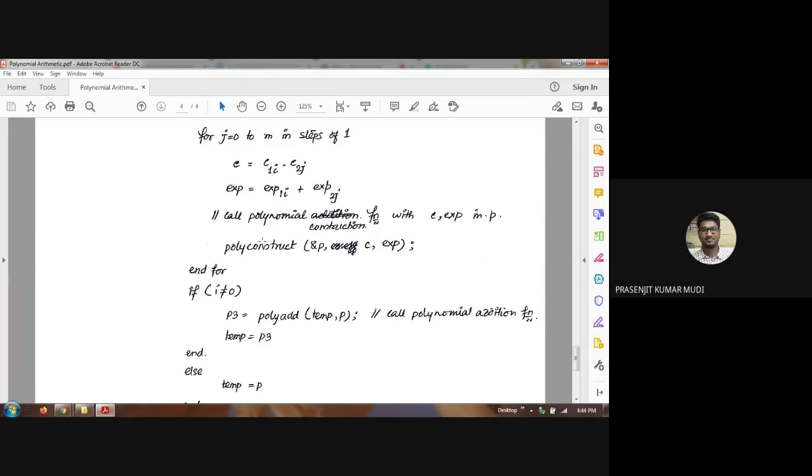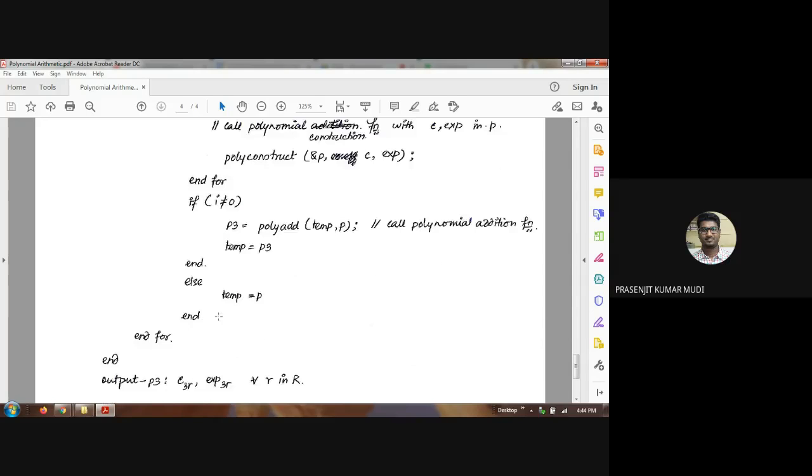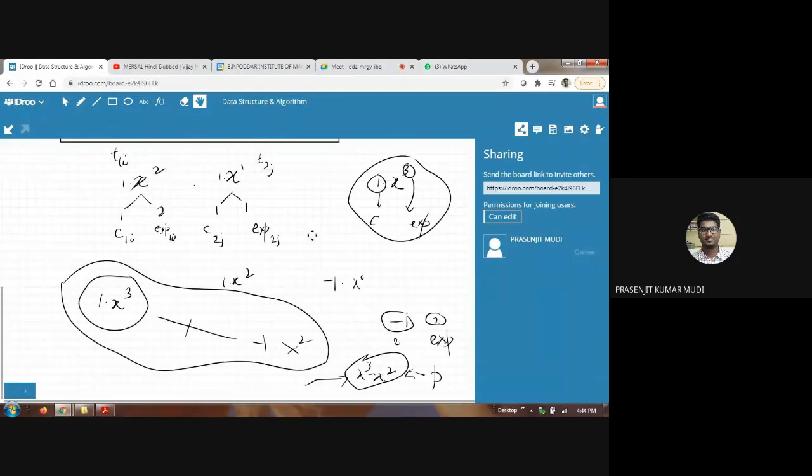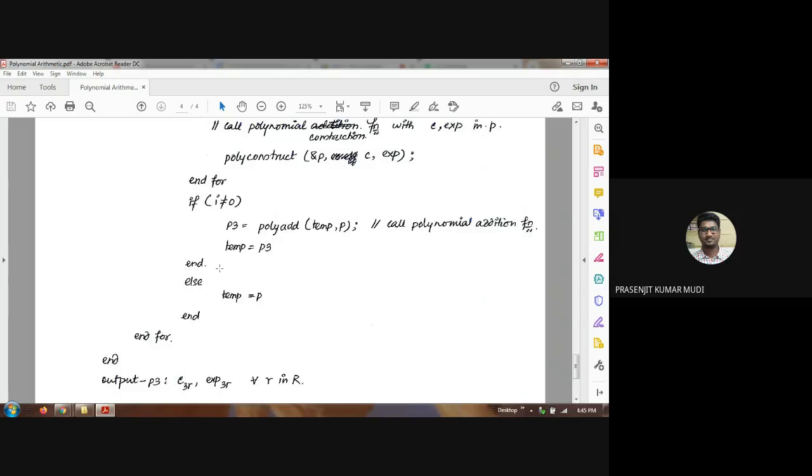So for the first time when i equal to 0, this if condition is false. i not equal to 0 is false, so this if condition is not executed. So what is happening? Else temp equal to p. Temp equal to p means x cube minus x square, that is the first temporary polynomial which has been computed. P is pointing towards this and temp is also pointing towards this. Got it? Fine.